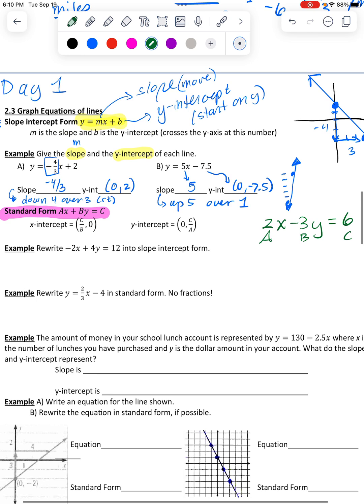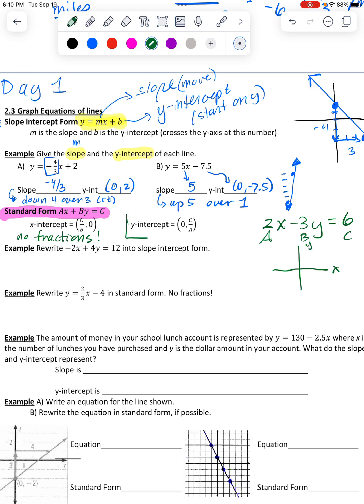Now, ideally, you want to have no fractions with this, meaning you're not going to have a 1/2 x. And so you're going to have to use some big brain cells to get rid of those. With these, we try to figure out where it's going to cross the x and where it's going to cross the y. That makes them kind of easier to graph later on.